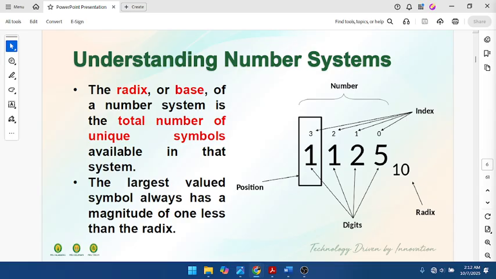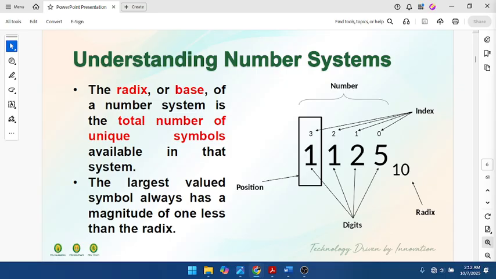Let's look at the example here. We have the number 1125. Since this is decimal, its base is 10.